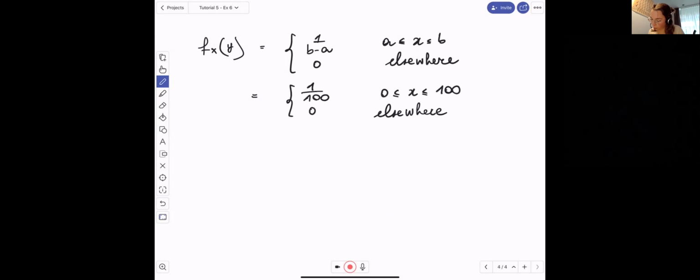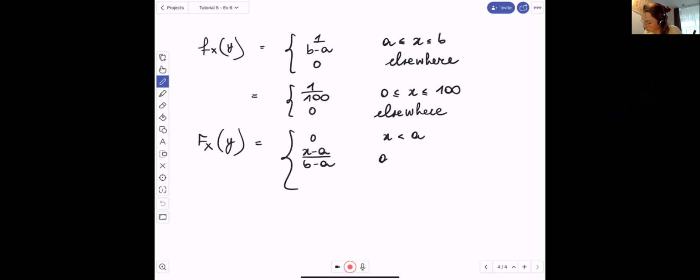Okay, so this is for the first part, and then for our cumulative distribution function, which we also need, it's again using the cumulative distribution function of a uniformly distributed random variable. In general, this is 0 if x is strictly smaller than a, it's x minus a divided by b minus a for x in between a and b, and it's 1 if x is strictly larger than b.